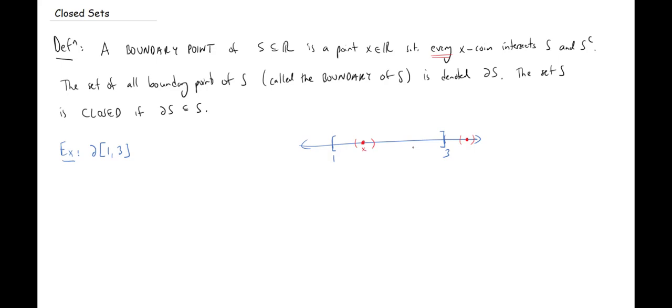So where are the boundary points? Well, it's what looks like the boundary of the set in the picture. If I take, for example, the number 3, and I take any coin around 3, it's going to contain things inside the set as well as stuff outside the set. And similarly, the number 1 is going to be a boundary point because, again, if I draw any coin, it's going to contain things inside the set and things outside the set. So the boundary of the set 1, 3 is equal to just the 2 points 1 and 3.